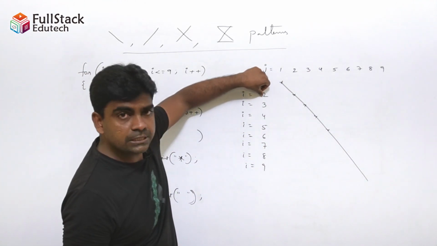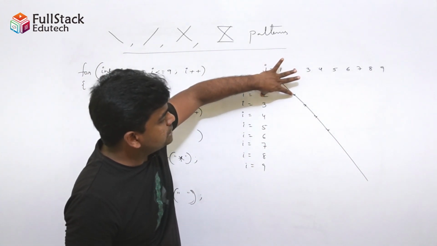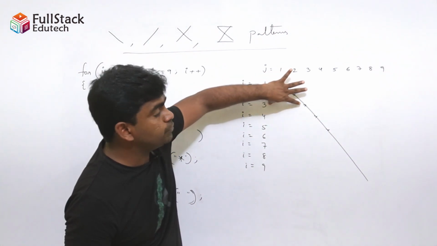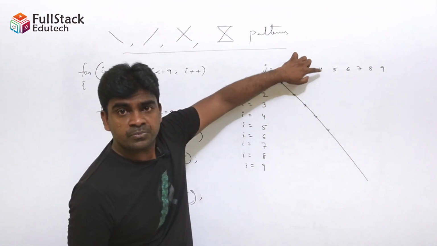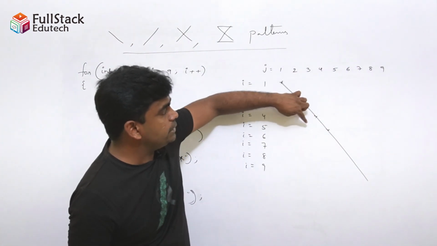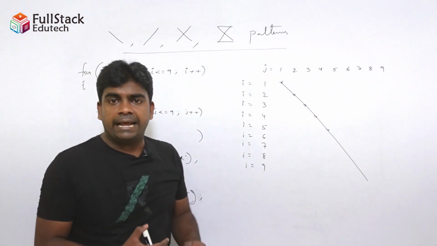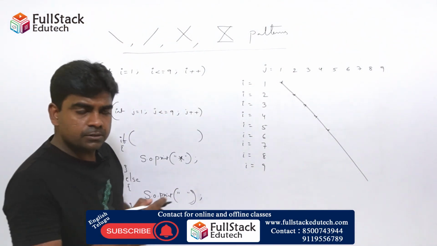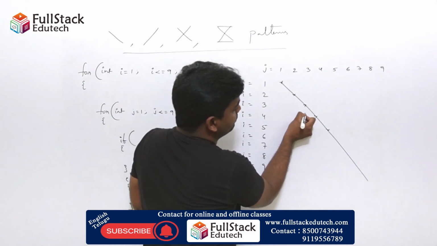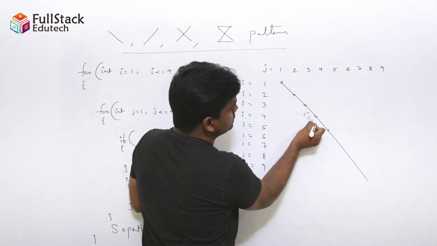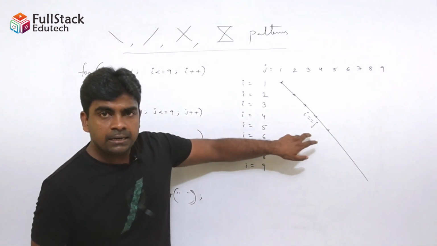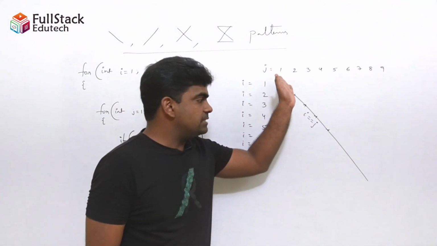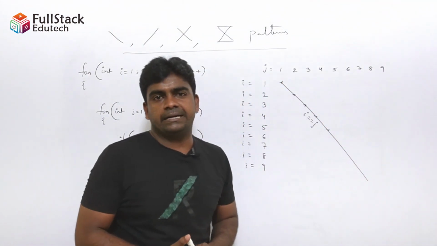Next, i value is 2 and j value is 2 here. i value 3, j value 3 here. i value 4, j value 4, i value 5, j value 5. Like this we need to display the pattern. So simply we can write when i value equals j value. When both are equal, then automatically at the intersection points all the stars will print.